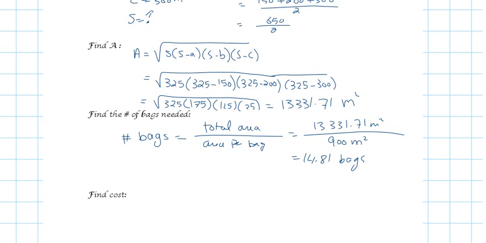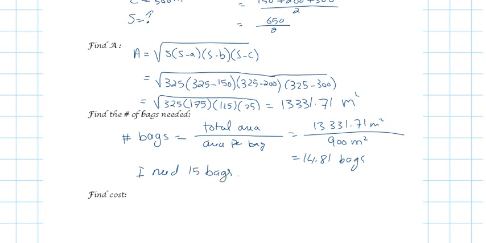No, you do, because in order for you to cover it, you need that 0.1. But you can't buy 0.1, you have to buy a whole bag. So that means I need 15 bags.